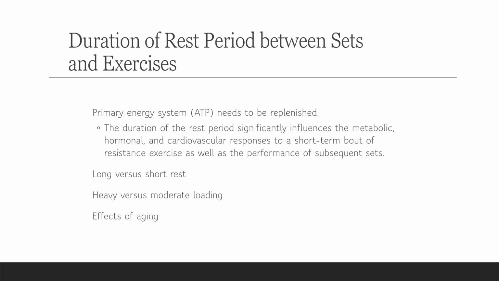For advanced training emphasizing absolute strength, rest periods of at least 2 to 3 minutes, with the possibility of extended rest periods as long as 3 to 5 minutes, are recommended for primary large muscle mass multi-joint exercises such as the squat or the deadlift, whereas shorter rest may be sufficient for assistant, smaller muscle mass single joint exercises.